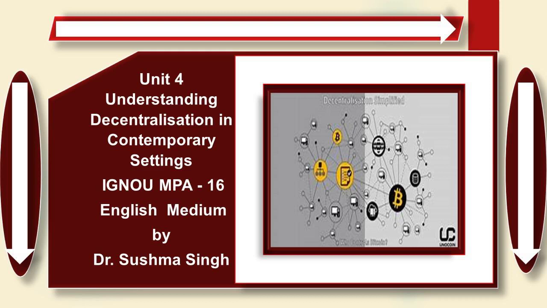Now let us move to the next point, decentralization of operation. All the states completed the process of enacting fresh legislation on strengthening the Panchayati Raj institutions on April 23, 1994.